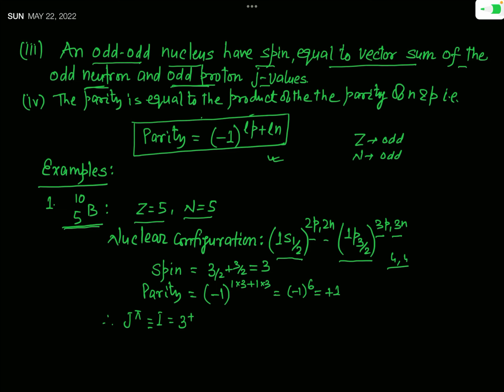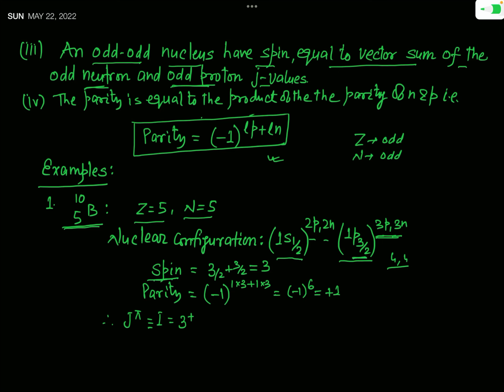So in this last subshell, the nucleons will remain unpaired. 2 nucleons will be paired and 1 nucleon will remain unpaired. In this case, as the rule says, if you want to find the spin, the values of J will get added.